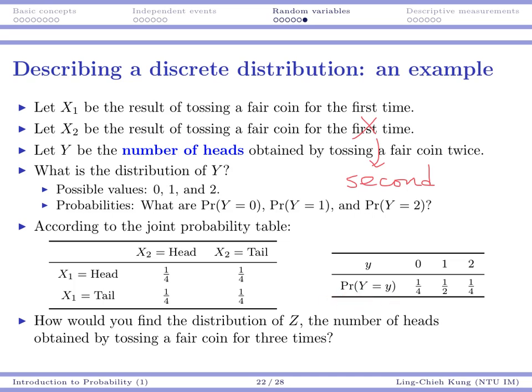For each possible value of y, we can write down its probability. For 0, that means tail and tail, so it's just 1/4. For 1, it means head tail or tail head, so that's the sum of these two numbers, which is 1/2. And finally, for 2, it's head head, so its probability is 1/4.